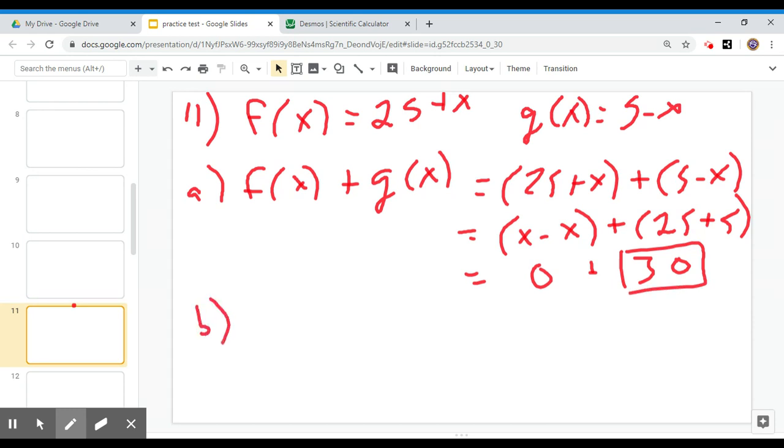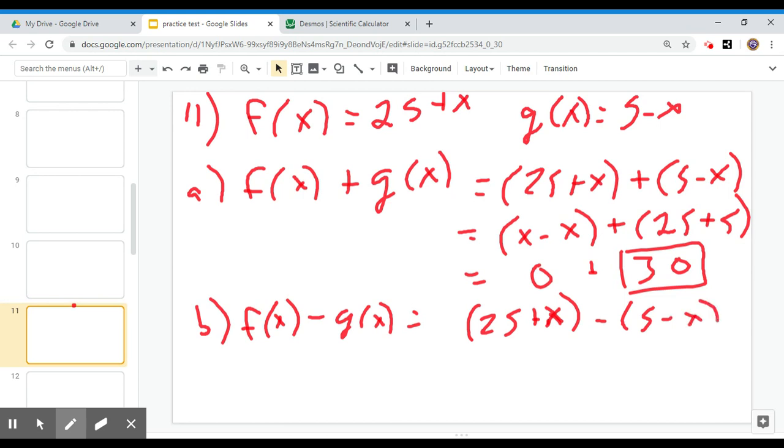B, we need to find f of x minus g of x. So that's going to be 25 plus x minus 5 minus x. Now, since this is subtraction, it's really important that you keep these in parentheses, because if you don't, then you will most likely forget to distribute this negative to both the 5 and the negative x.